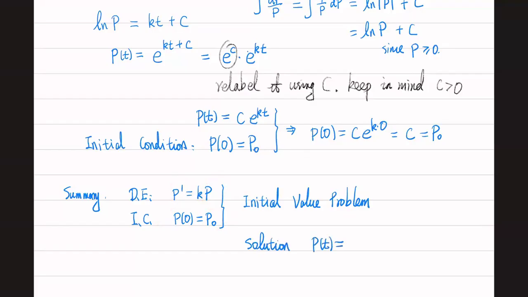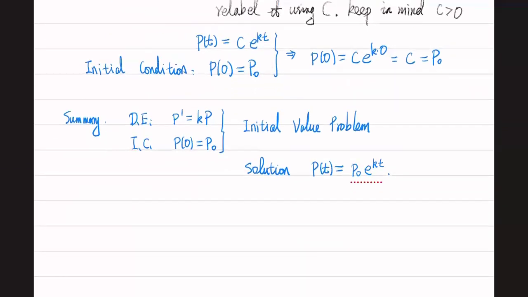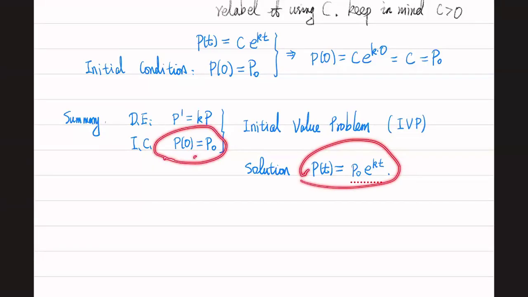So this constant is the initial condition. Okay, that's our solution of the initial value problem. In the future, maybe we'll use IVP for short. Initial value problem. And we can check. This satisfies the initial condition.